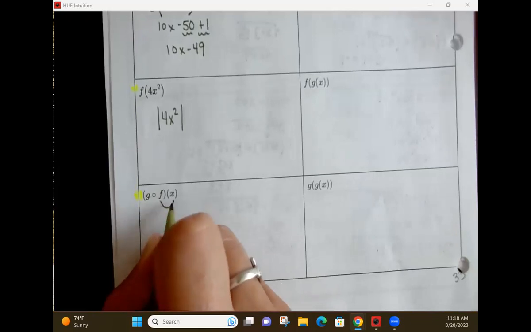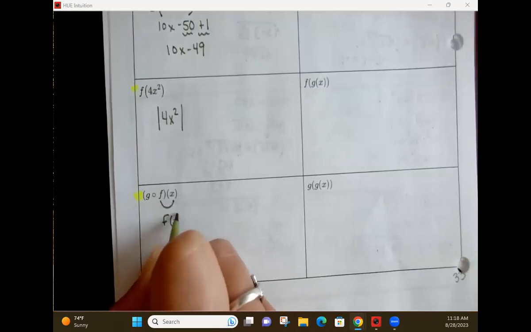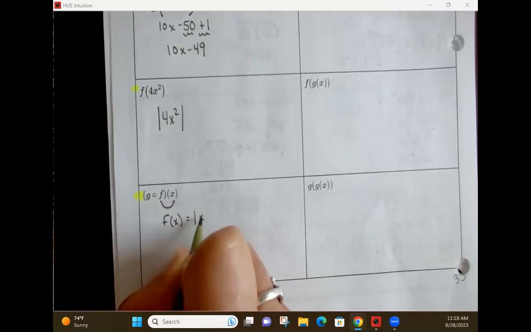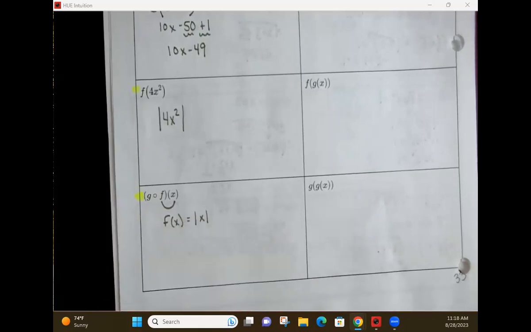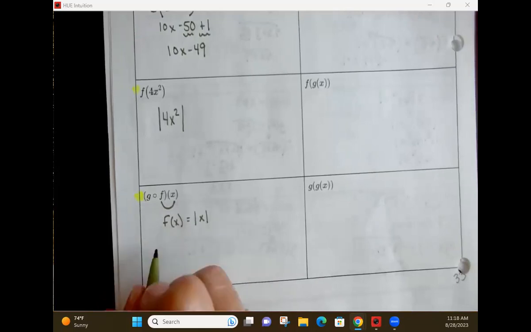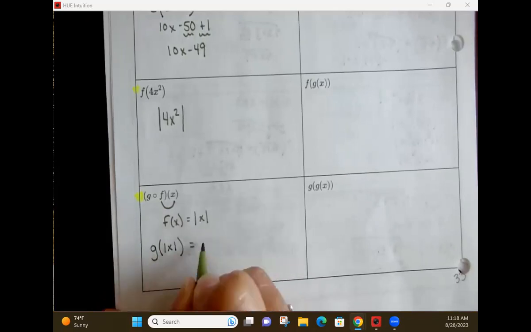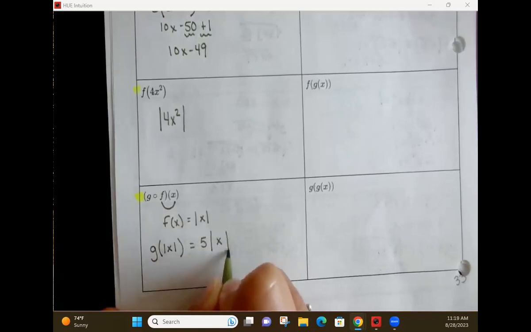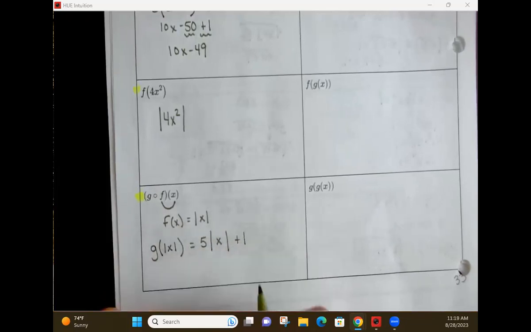So we start with f of x. f of x is the absolute value of x, right? I took that straight from the top of our paper. And now I'm going to put this into g. So g of the absolute value of x. This would be 5 times the absolute value of x, plus 1. There are no like terms to combine here, and I can't simplify this anymore.